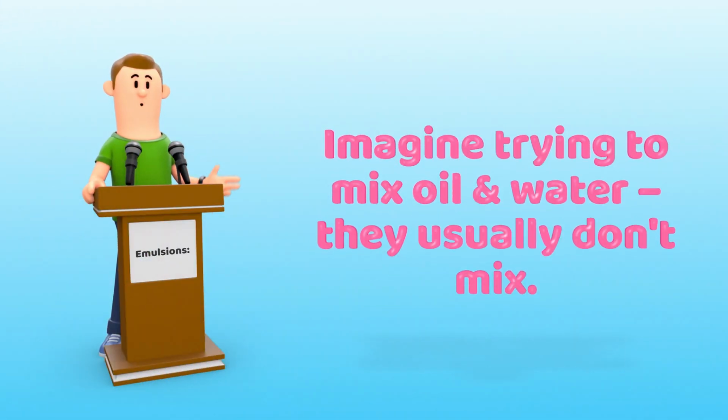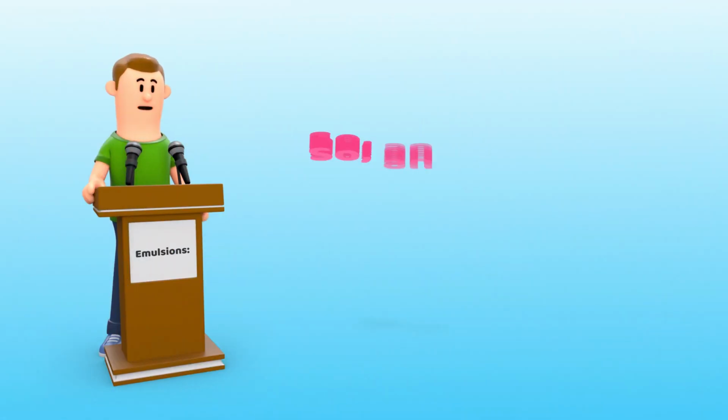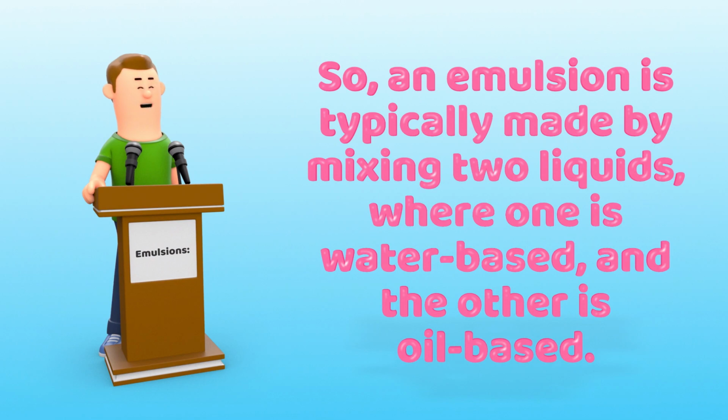Just imagine when you are trying to mix oil and water. They usually don't mix. Oil will stay above water. Therefore, an emulsion is typically made by mixing two liquids, where one is water-based and the other is oil-based.